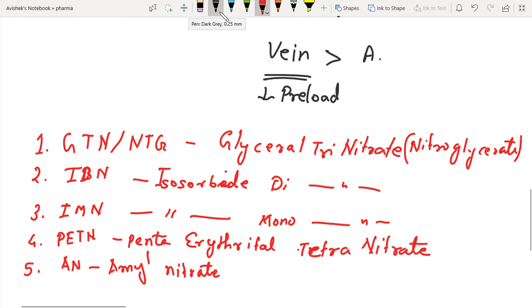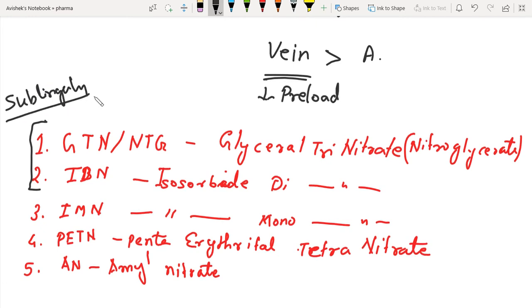So in these drugs, this GTN or glyceryl trinitrate or nitroglycerin or isosorbide dinitrate can be given sublingually, under the tongue.